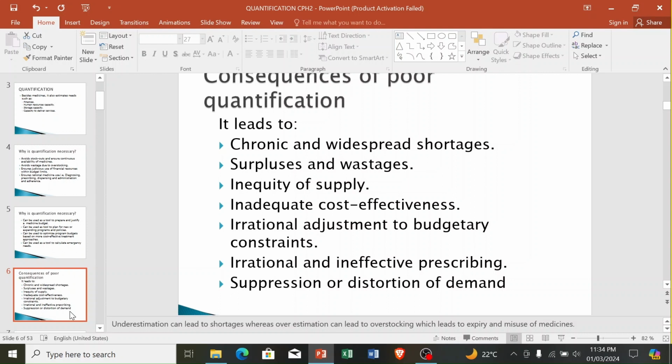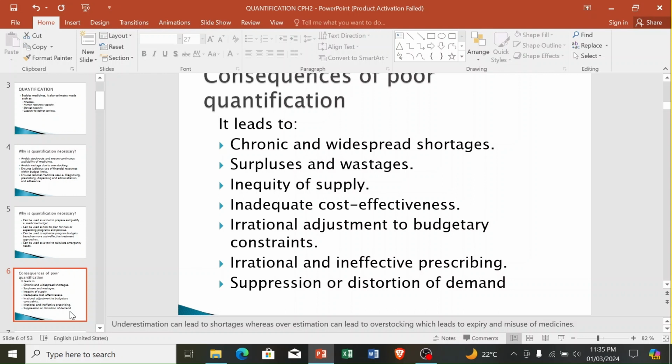And then we have irrational, ineffective prescribing. There will be irrational ineffective prescribing because prescribers will be aware that we have a lot of surplus in the store, and they're looking at getting it done, or letting medicines out of the facility. Letting medicines out of the facility, we shall be affecting the patients.